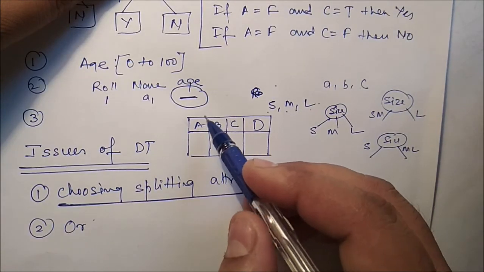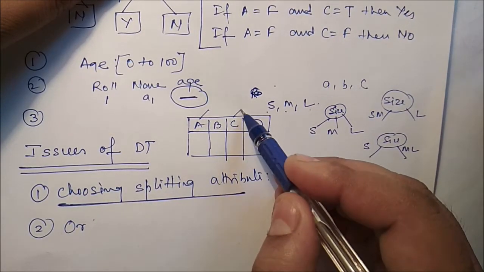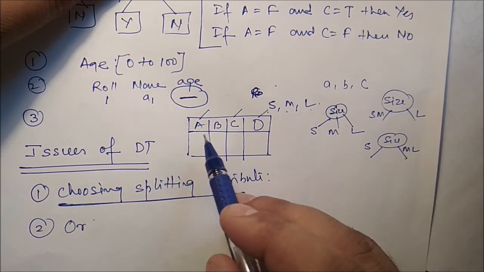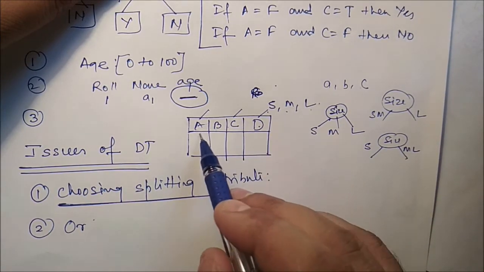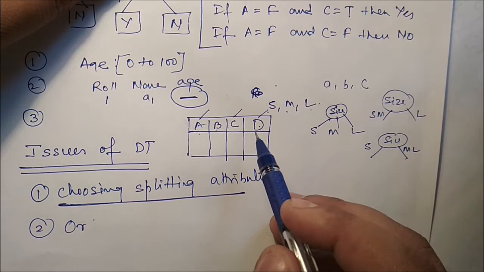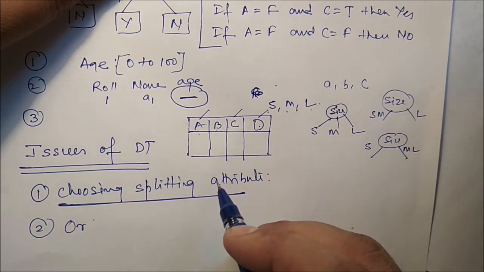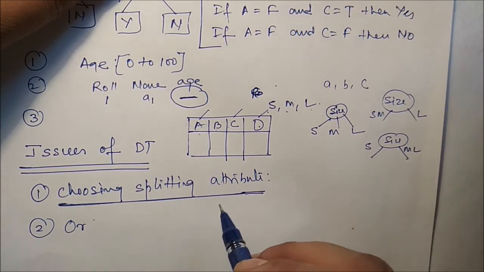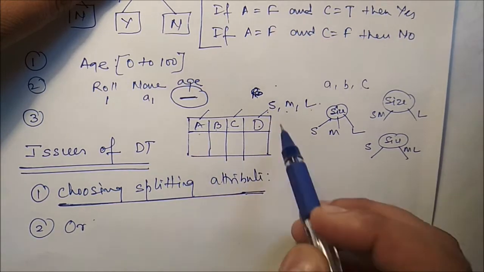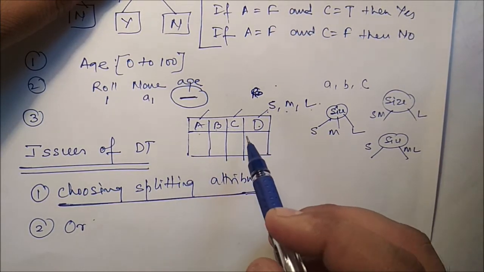That means we have to select which attributes to use to construct the decision tree. Whether we have to select ACD or ABC or ABD or all. So choosing splitting attribute is very important. Whether we have to select all the attributes or a subset of the attributes.